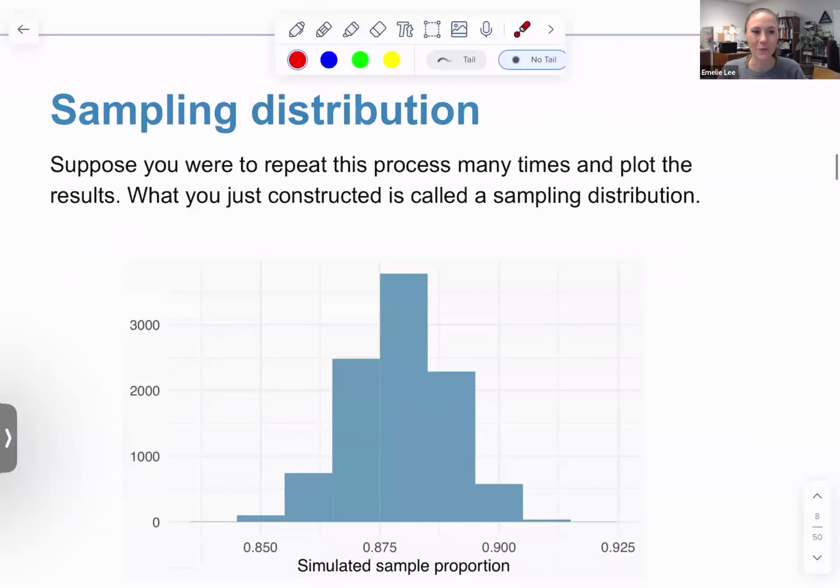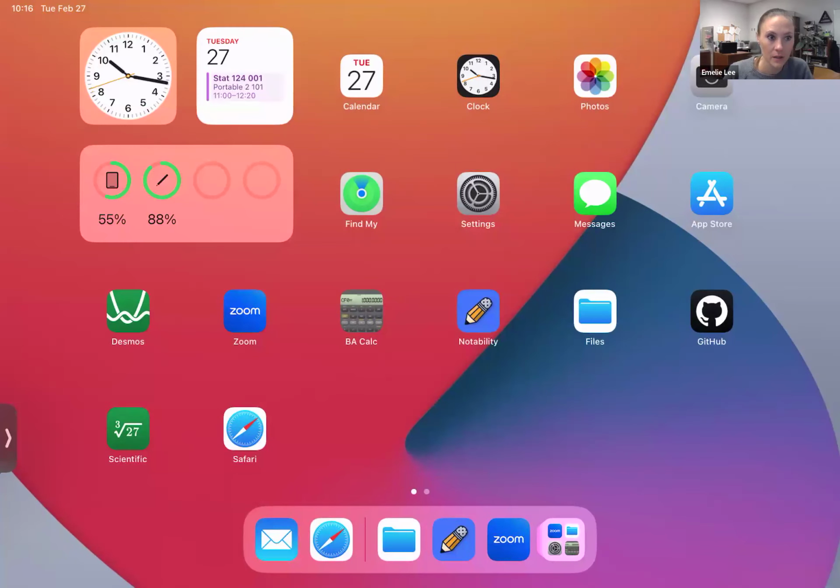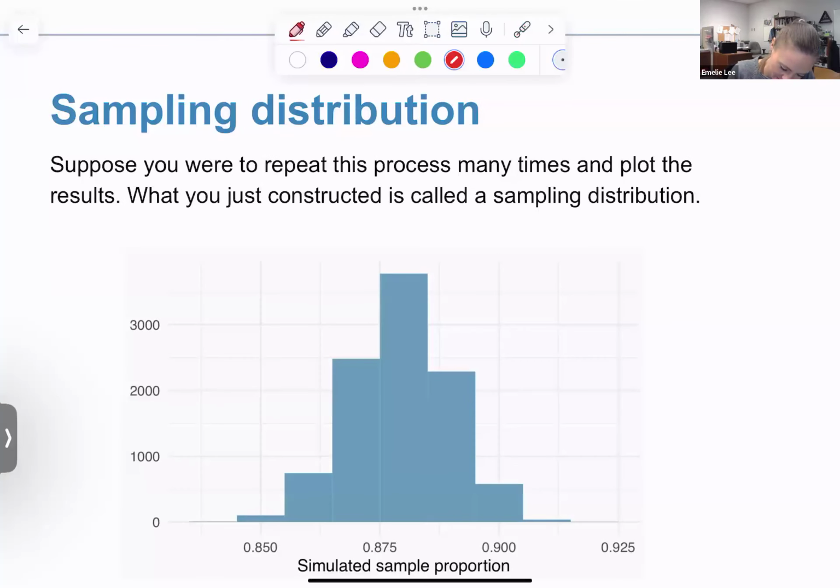What's going to happen though is you've got this collection. So now you have a sample of sample proportions. Okay? And this is called a sampling distribution. A sample of sample proportions.